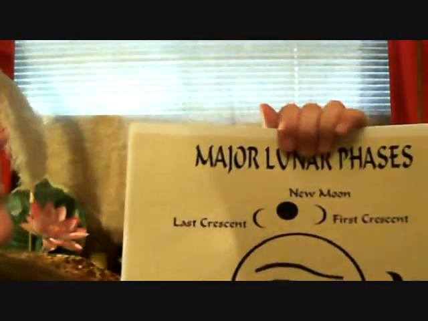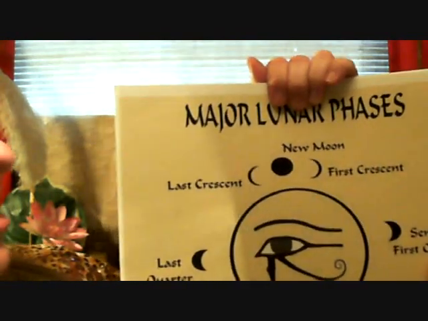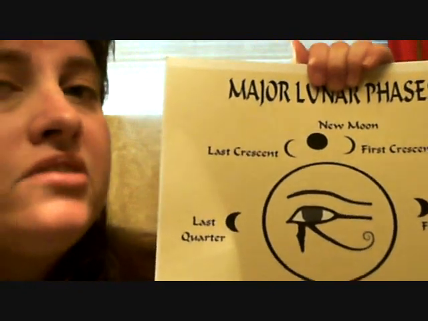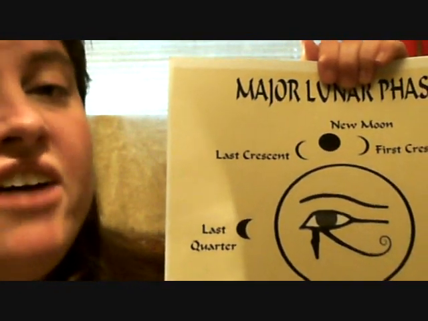And if you go to almanac.com or another site that tracks the moon for pagan purposes, you'll notice that there are points where, if you were to count the days out, there'd be a little discrepancy. But on average, you have new moon, first crescent, first quarter. Full moon for the Egyptians was actually at the half point of the month, so texts would refer to the half month feast.